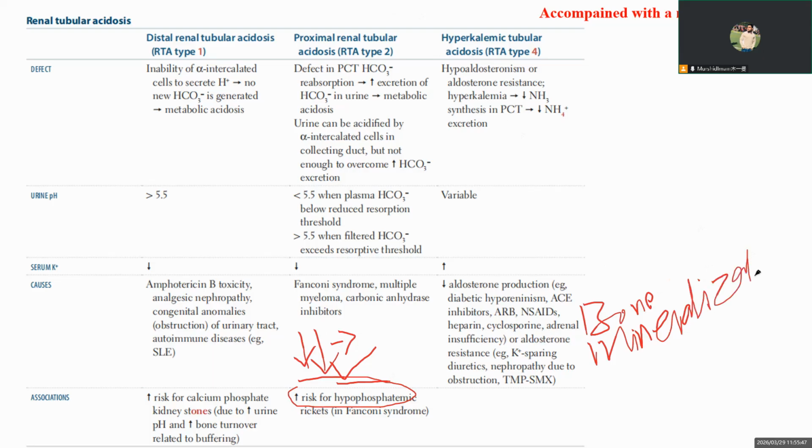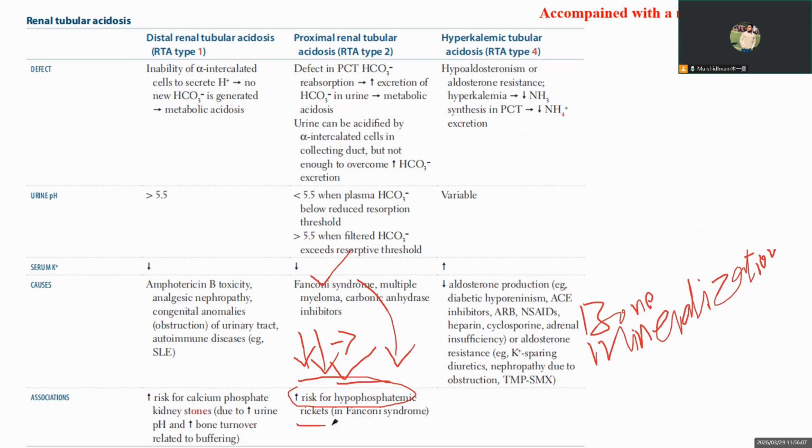With the loss of phosphates, for example when it occurs as part of Fanconi syndrome, it leads to hypophosphatemic rickets, because phosphate wasting leads to bone demineralization.